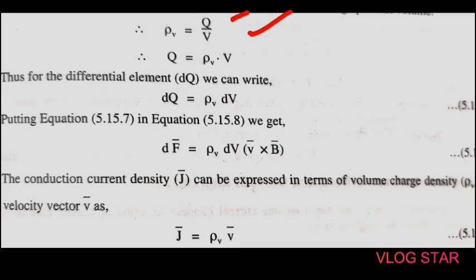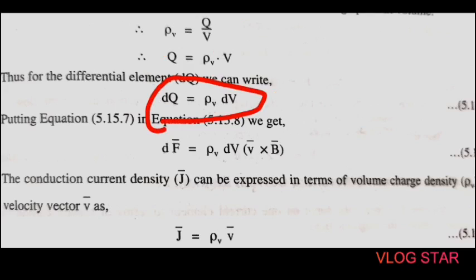Okay, so here the value of Q is equal to rho V into V. But here we have to calculate this value of Q in terms of a differential element. So we can write the value of dq is equal to rho V, as it is, and V becomes differential volume dV. Okay, so we get dq is equal to rho V into dV.